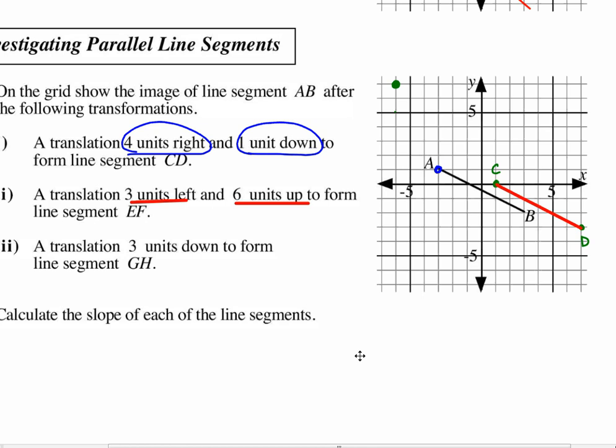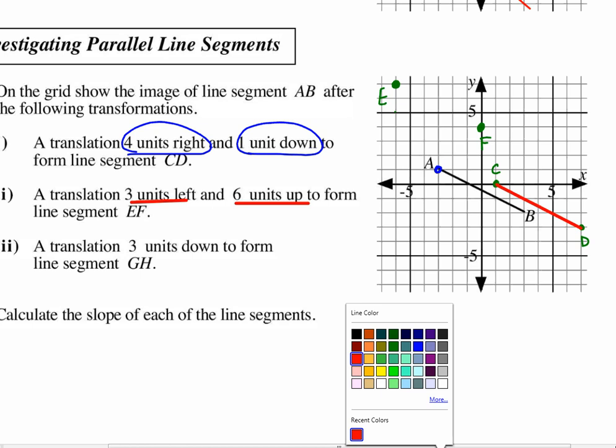Right, way up there. And then starting at B, 3 to the left, 6 up. Should be 0, 4. And that is EF. Make it blue.